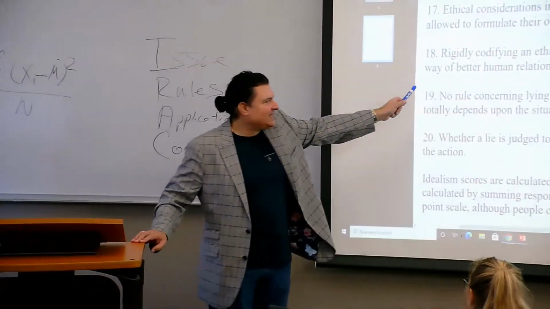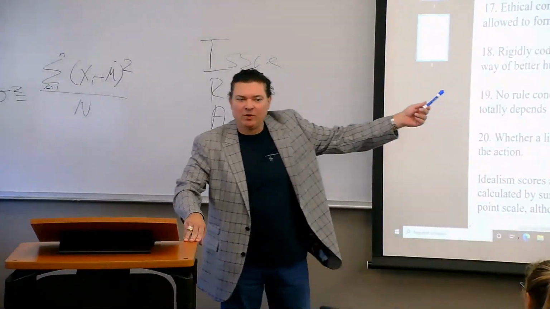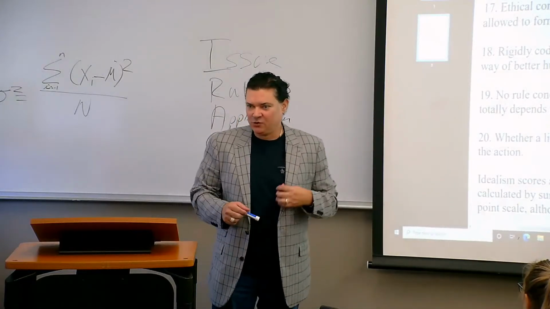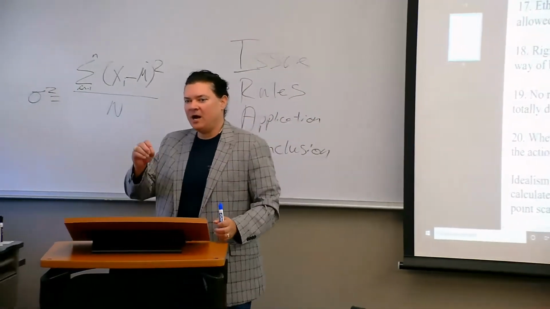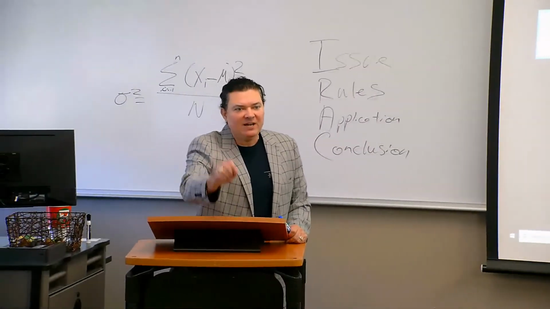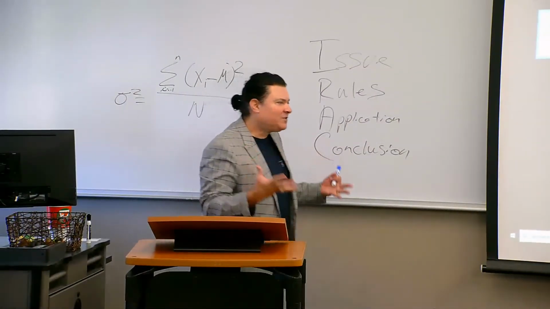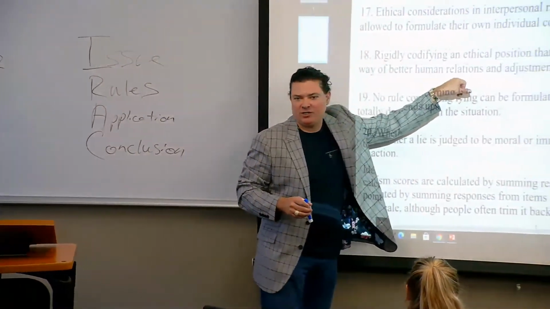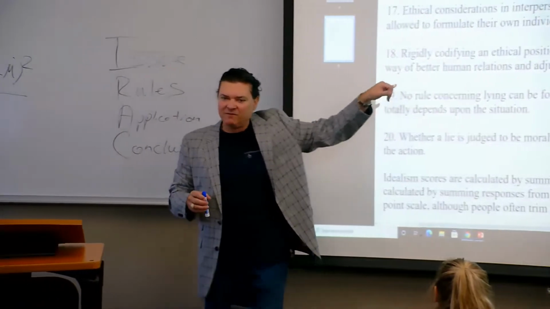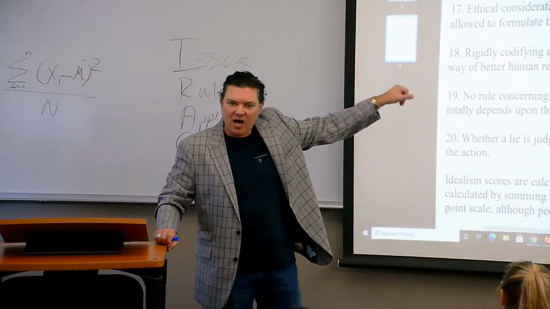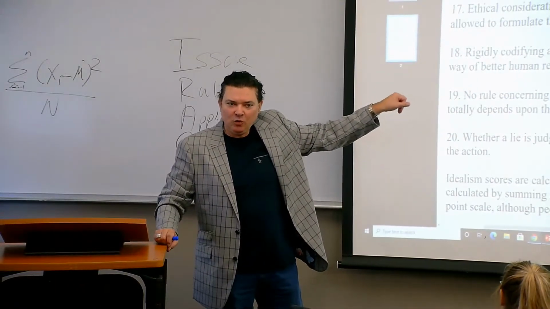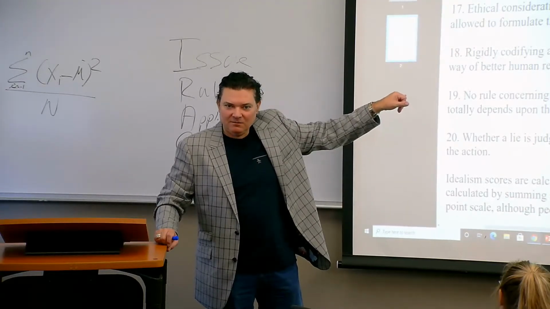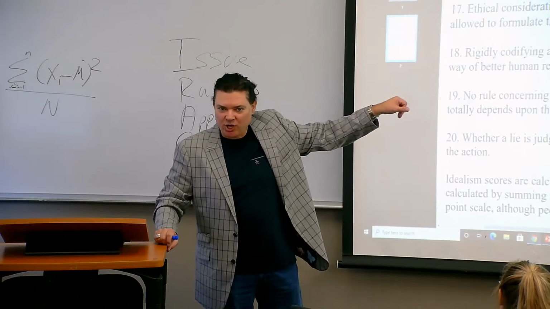Somebody could read that and say it could interfere with human relations. If we say never lie, for example, which is a rational absolutist concept of Kant's in the categorical imperative, and you rigidly codify that, it could lead to bad human relations, right? It's the reason I'm divorced. Brutal honesty: you look like death in pastels. You are a winter. Go change.